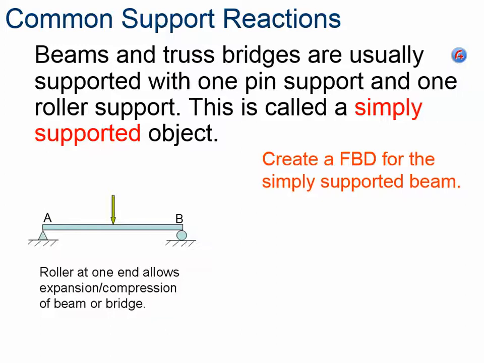But because they were flat, they had a good amount of friction, so they did kind of pin the beam in place, but still allowed it to move and deflect. Beams and truss bridges are usually supported with one end being pinned and the other on a roller support. We call this a simply supported object. That again would allow for thermal expansion and or compression along the bridge.